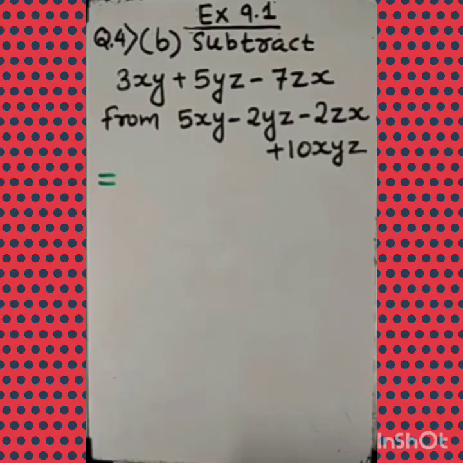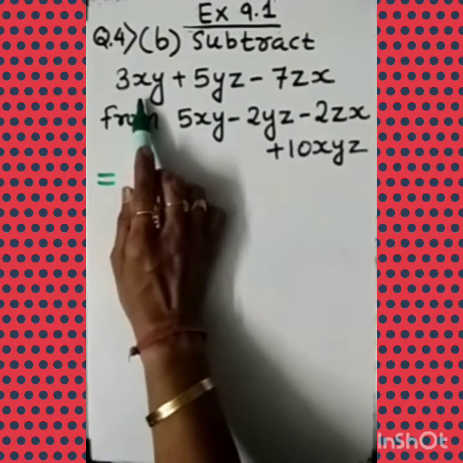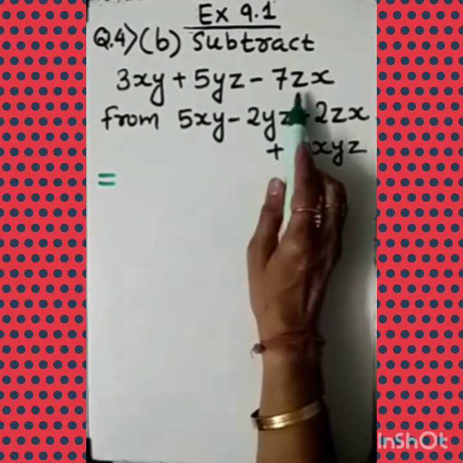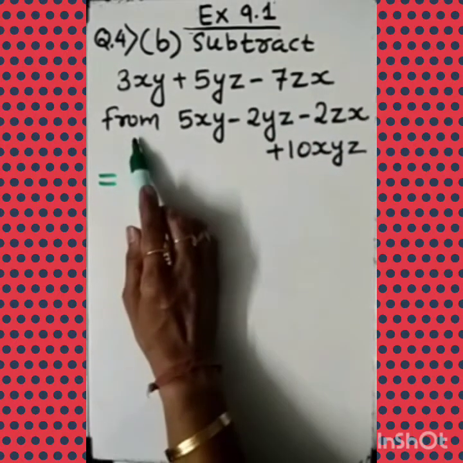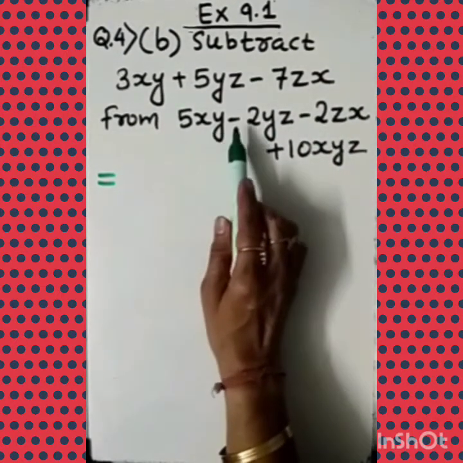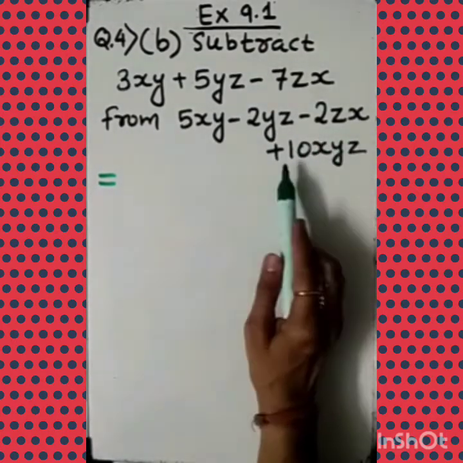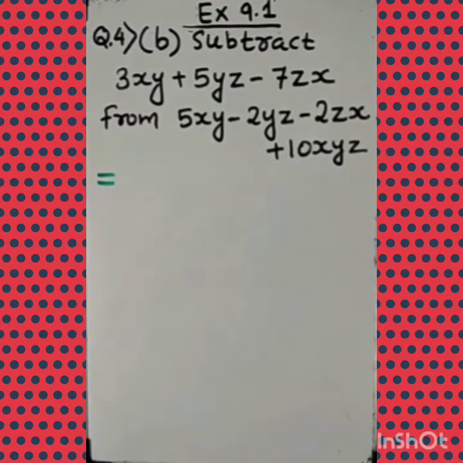Here in exercise 9.1, question number 4, it's part B we are solving. The question is subtract 3xy plus 5yz minus 7zx from 5xy minus 2yz minus 2zx plus 10xyz.